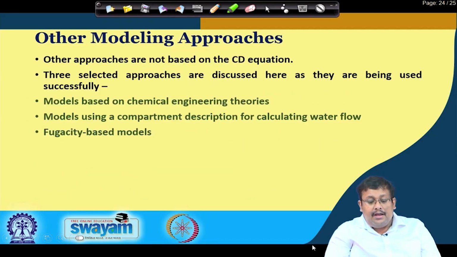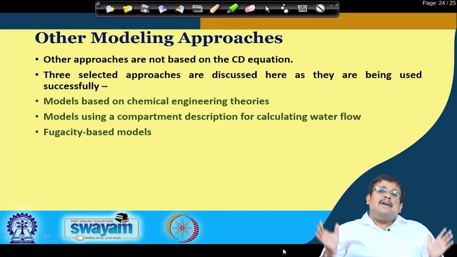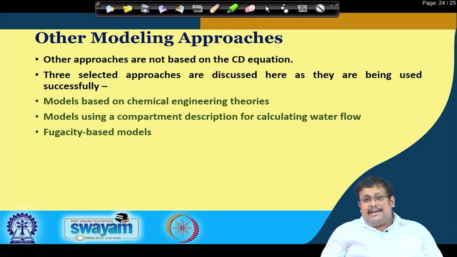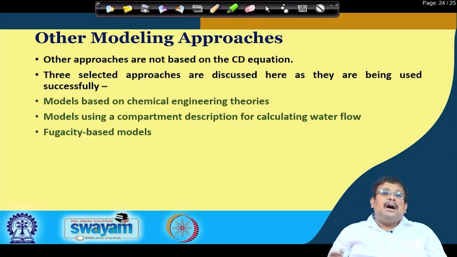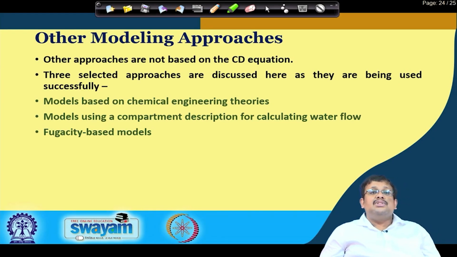Now, we have discussed the CD equation and its forms in the case of steady state flow and also transient flow. Let us discuss the other modeling approaches, the modeling approaches which are not based on the CD equation.